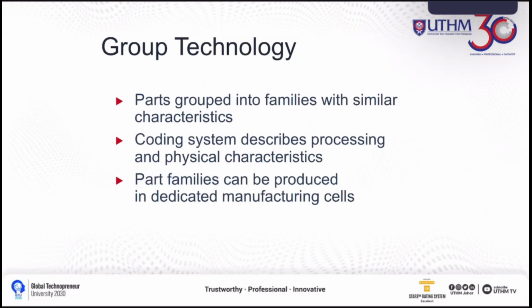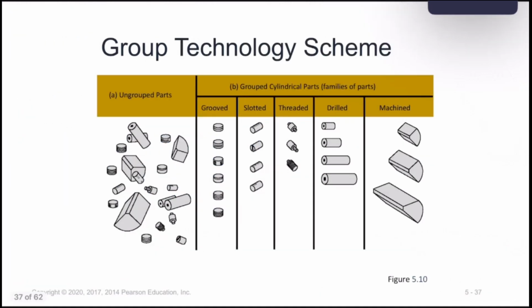Now we go to the group technologies. So group technology is a concept that organizes similar part and process into group. Why? Because they want to improve efficiency, and then there are some benefit to a manufacturing facility. Okay, so if you look, this is what the group technologies looks like.